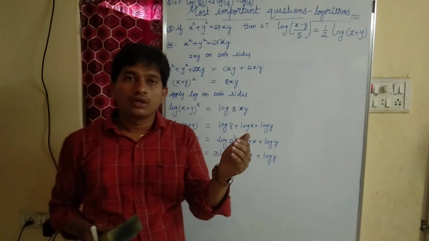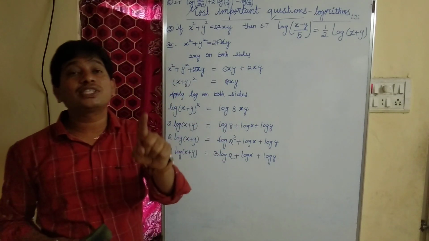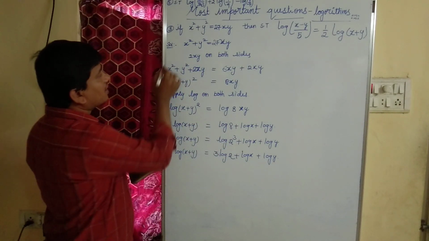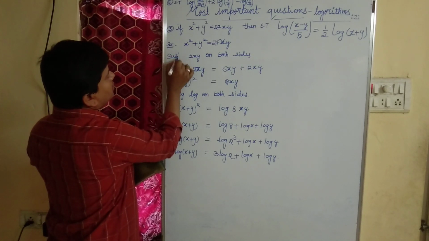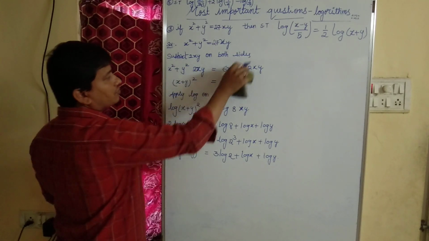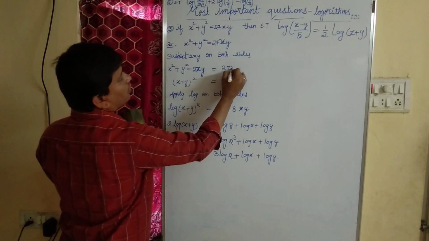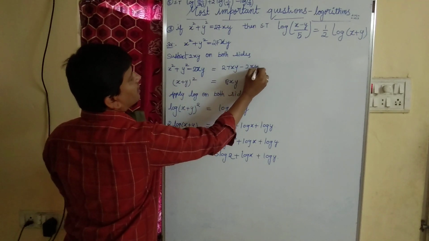As we know, the formula of (x minus y) whole square is x square plus y square minus 2xy. So that is the reason we have to subtract 2xy on both sides. 27xy minus 2xy here.